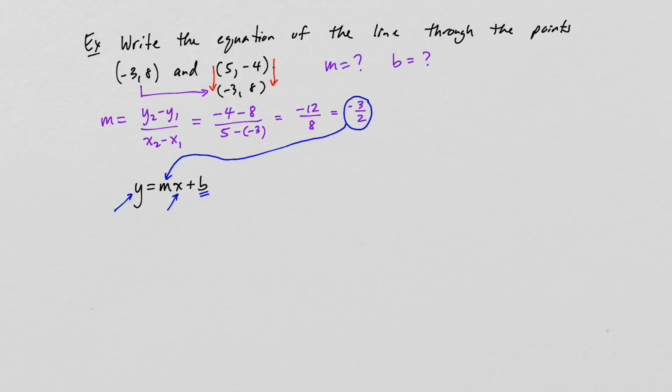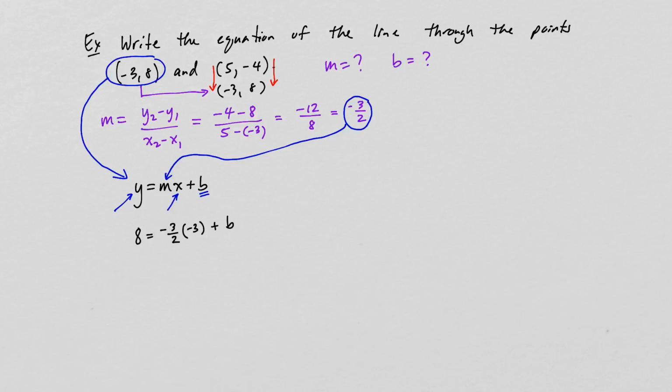So I'm going to pick the first point and plug in those values. So y is 8, x is -3. If I plug that in, I get 8 equals slope, which is -3 over 2, times x, x is -3, and then plus b.